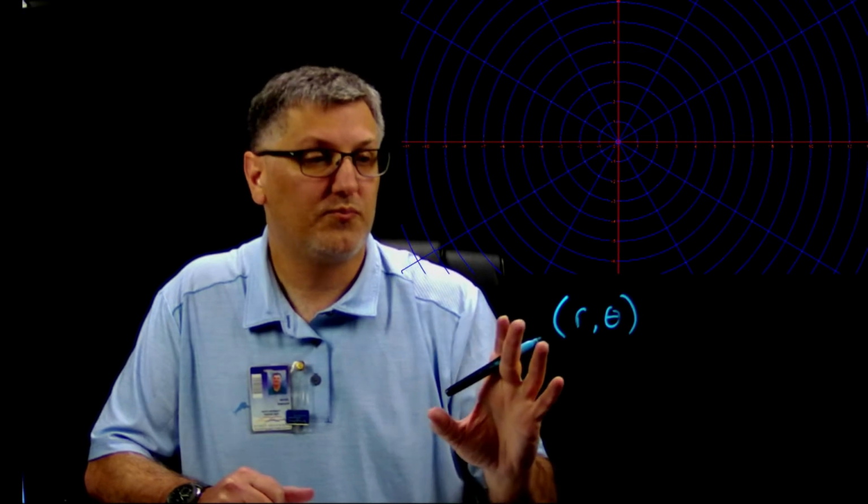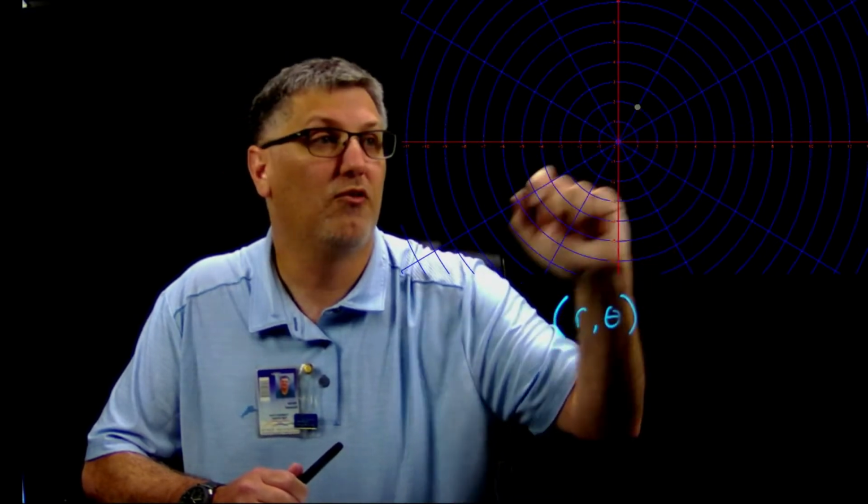Now, say I want to plot out a point, and let me pop a point on here. So I now have a point right here. The way we're going to figure out the actual coordinate of this point is we start at the pole.